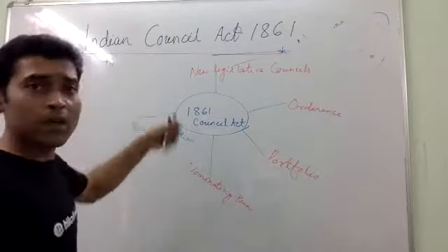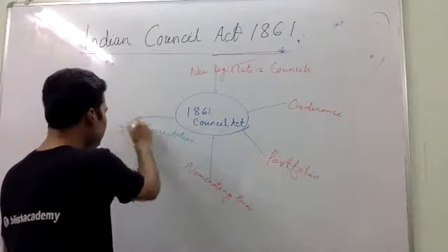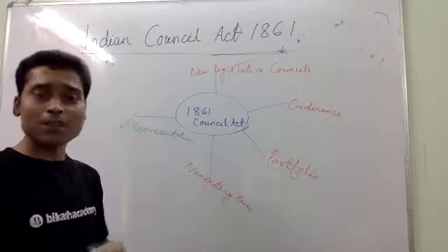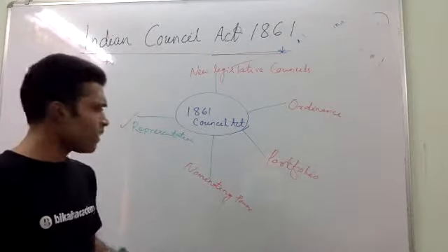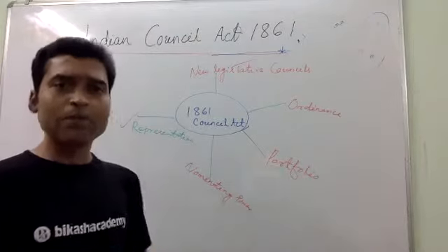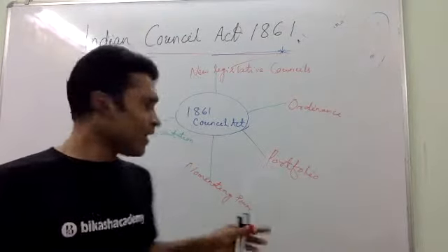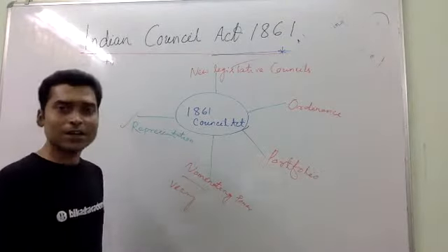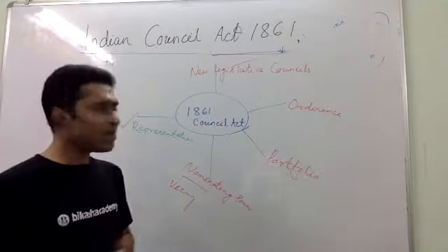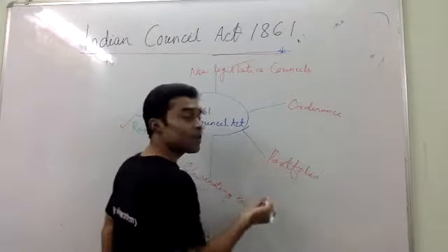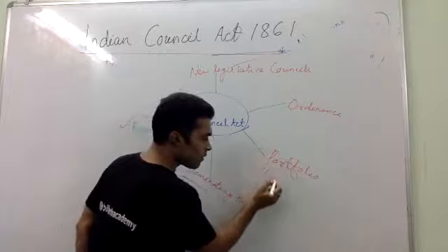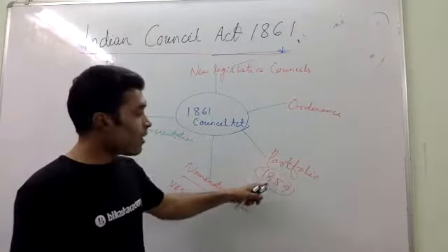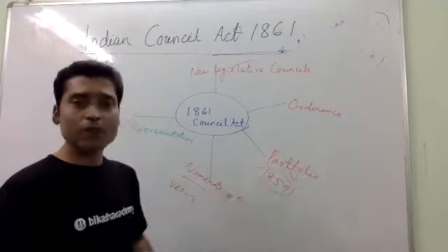All these things you can keep in mind. Whenever representation is there, think: Indians are now allowed to participate in the decision-making and law-making procedure. Whenever nominating power is there, think the Viceroy can nominate Indians, like the Patiala King and Banaras King. Whenever the portfolio system is there, think it was introduced in 1859 by Lord Canning, and many departments were created.